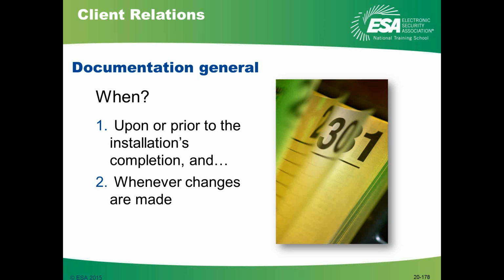So you may want to take a look at that chapter and become familiar with that chapter in 72 because there were a lot of changes to it. And that's chapter 7 where they talk about all the documentation.